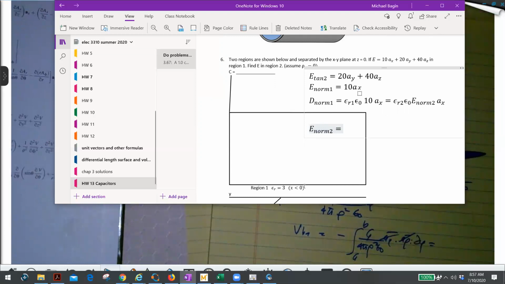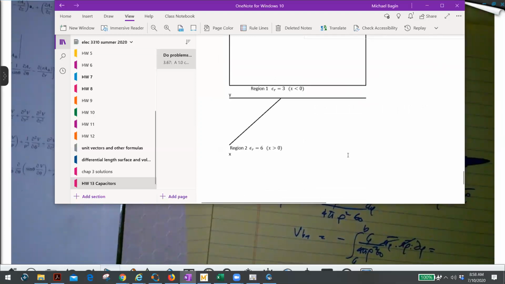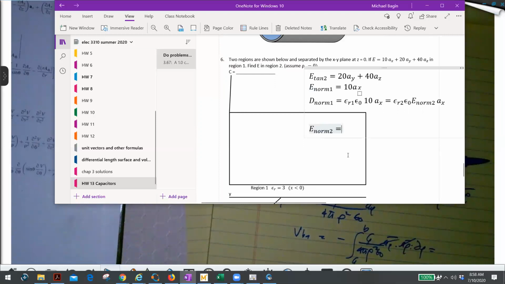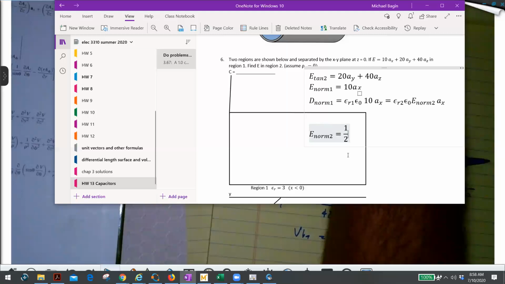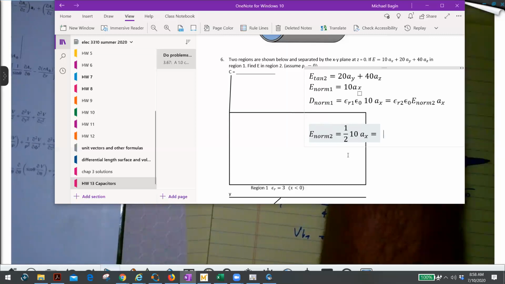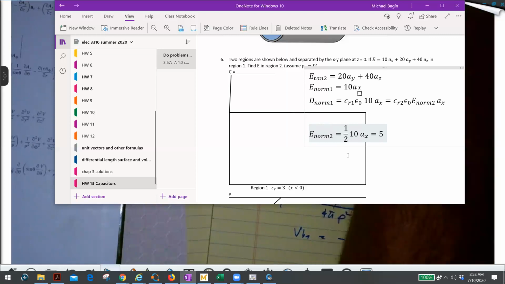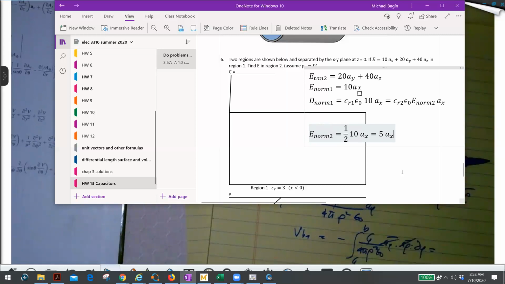So epsilon relative 1 is 3, epsilon relative 2 is 6. So it'd be 1/2, correct? And then it would be times 10 AX, or simply 5 AX. And I'm putting this in here so if somebody missed class, they can go back and look. Agreed? And that's how you do that problem.